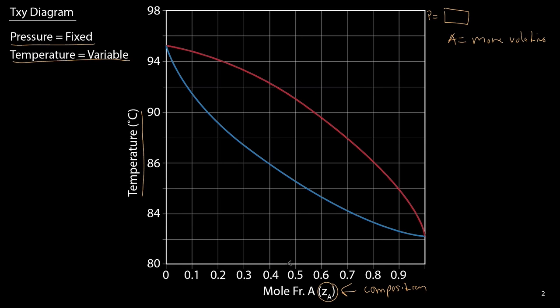So if we look at this figure here, if we have high temperature, regardless of the pressure, this is where we're going to have all vapor phase. Everything above this red line is going to be all vapor, regardless of the composition, so long as we're above this line. Likewise, at low temperatures, this will be all liquid. So if we have a mixture that is all liquid, and we begin to heat it up, the first thing that's going to happen is it's going to start to boil a little bit, and this will be called the bubble point.